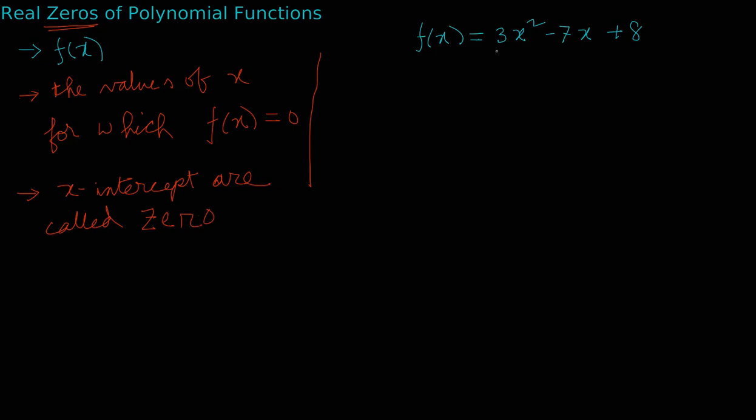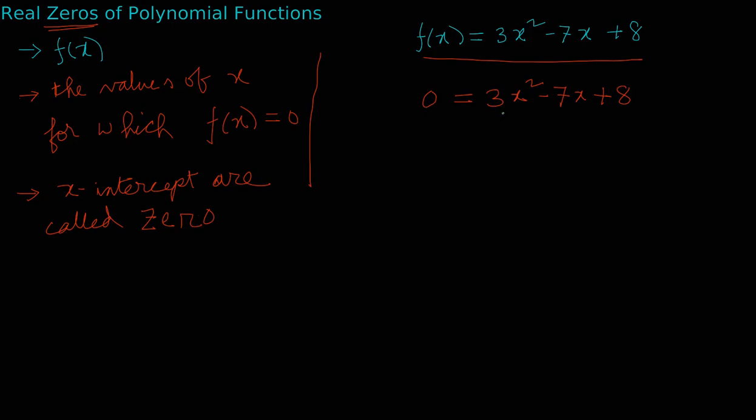So let us see our example. The zeros of this particular function are the values of x for which f(x) equals 0, so 3x square minus 7x plus 8 equals 0. Find the values of x for which it is 0.